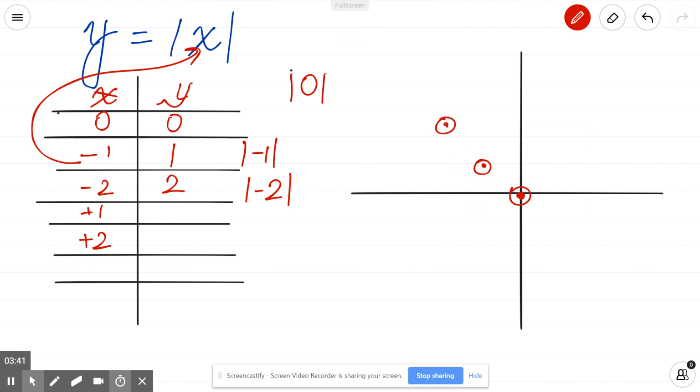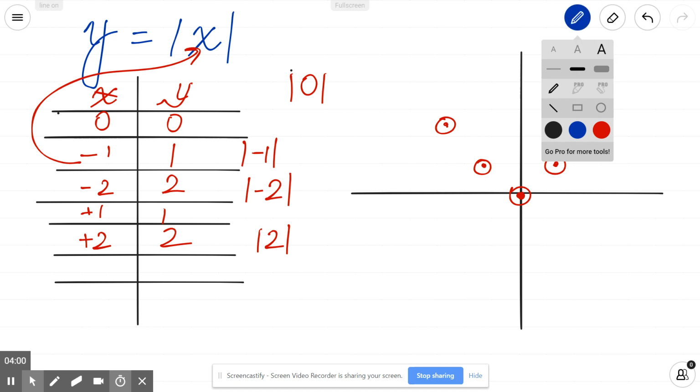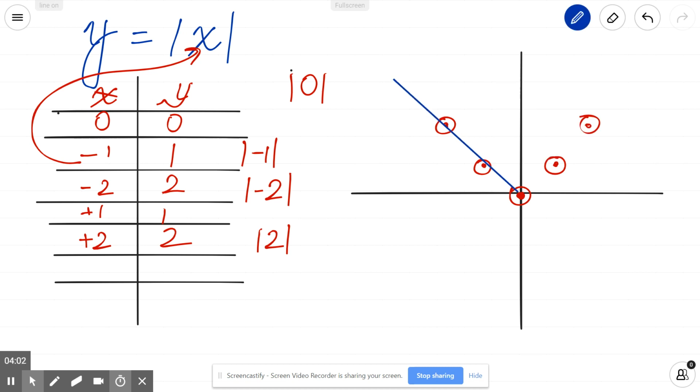All right, +1. Absolute value of +1. Remember, I'll get a positive answer, 1. So 1 and 1, somewhere here maybe. All right, 2. Absolute value of +2 is 2 itself. So +2 and 2, maybe somewhere here. Now let us go ahead and join these lines that we got. Remember, we have two pieces of the function. That is why it's also called a piecewise function.